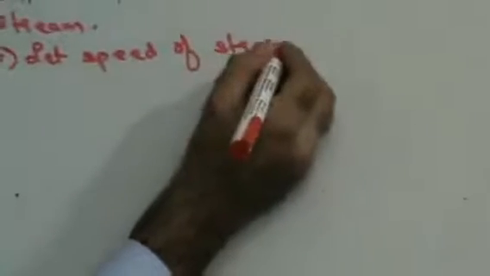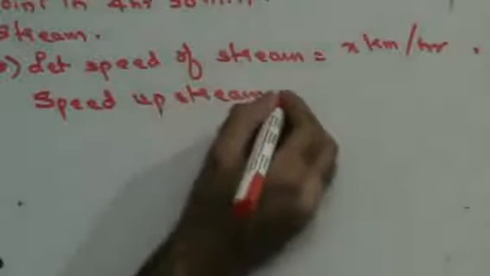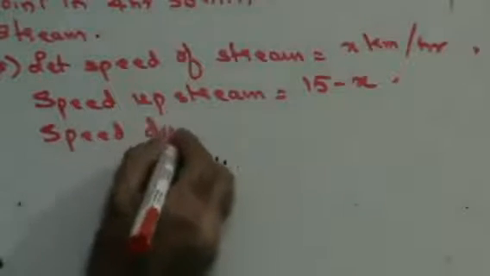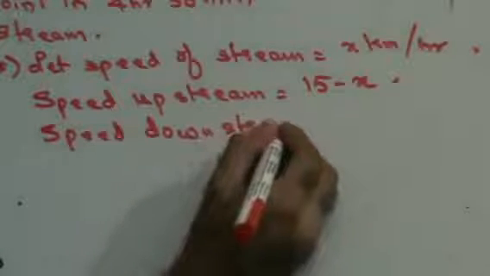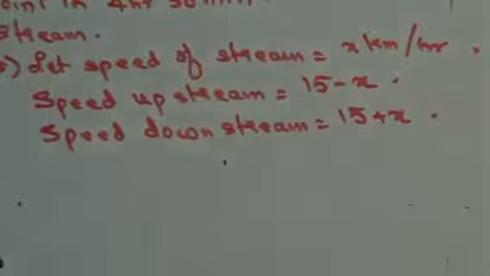In that case, I can say that the speed upstream is going to be nothing but 15 minus x, and the speed downstream is going to be 15 plus x.